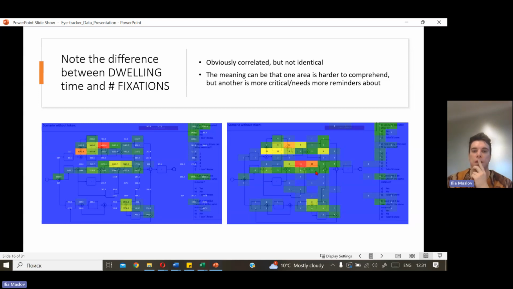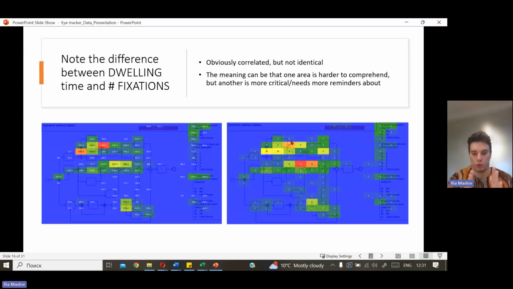And so here, for example, this area was looked at more often. Then this one also, but slightly less. So you have these slight differences in the statistics, and you should be careful about them because they are minor details. They can be generalized, but sometimes the devil is in the details, so you should be careful about the detail and how you interpret this.